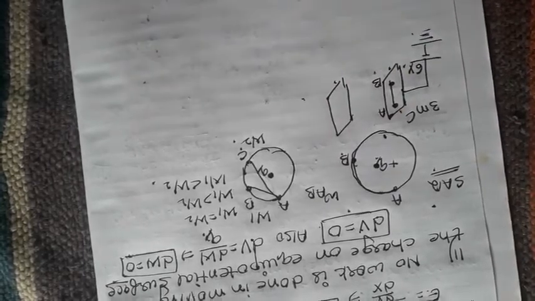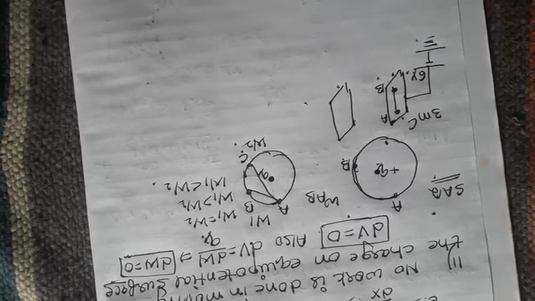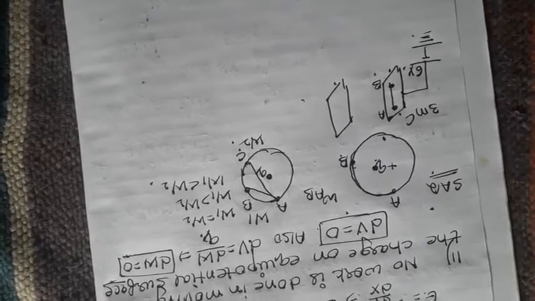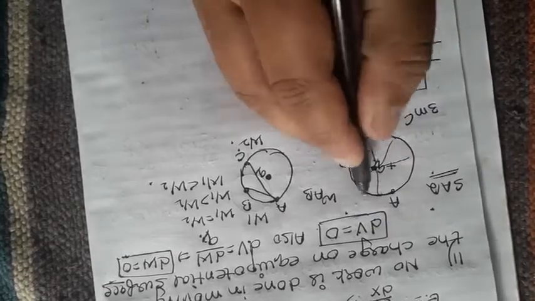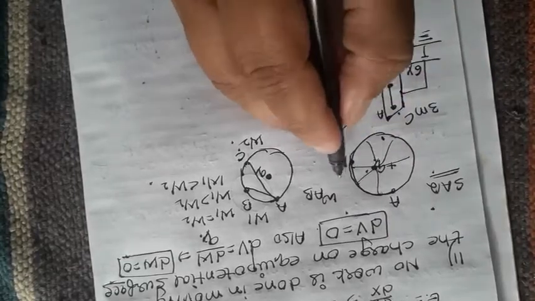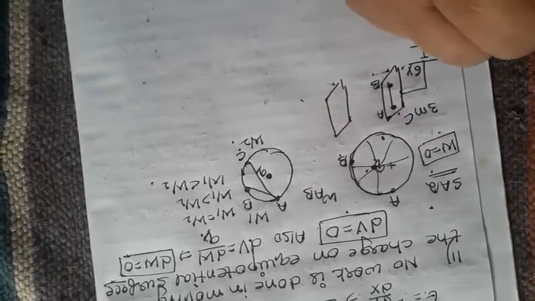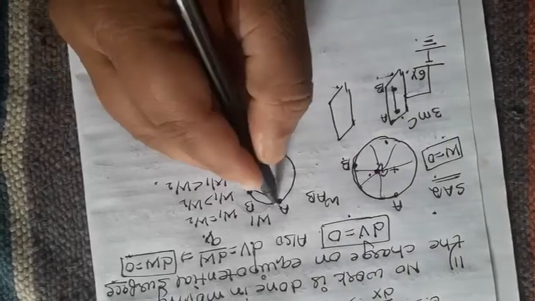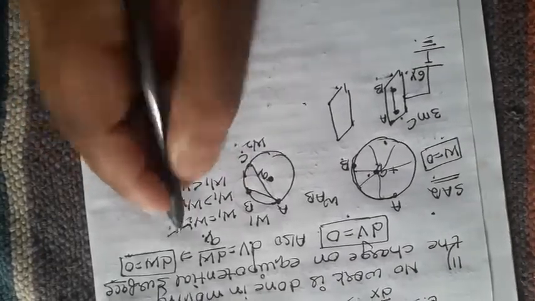Now listen carefully. In all the cases, whatever case we discuss, the answer will be 0. Why? Since the charge is placed at the center, the potential will be the same, so this becomes an equipotential surface, and on an equipotential surface the work done will be 0. In the similar case, whether you move from A to B or A to C, this is an equipotential surface, work done is the same, so the answer will be 0.